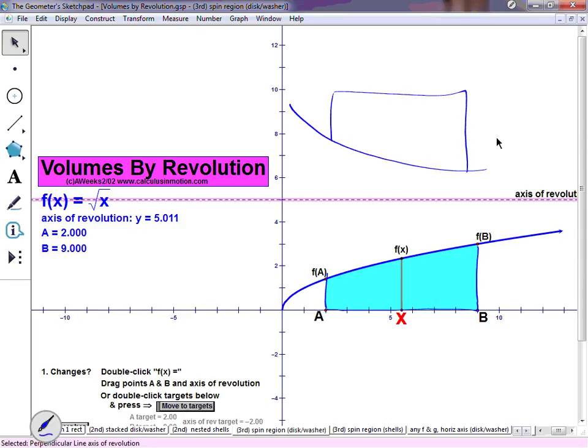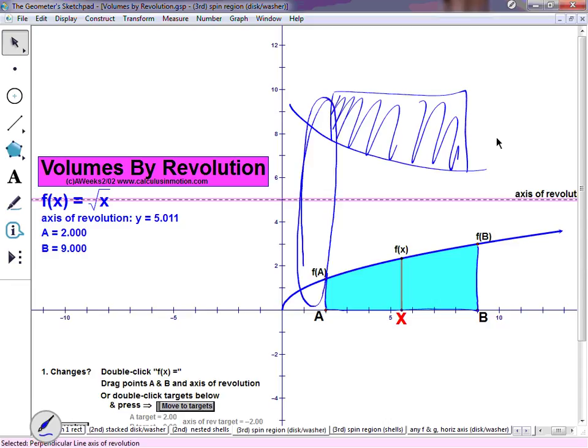Right? So I'm just taking that and reflecting it above because it's going to be a mirror image on top. And then I just have a nice circle there and a nice circle there.